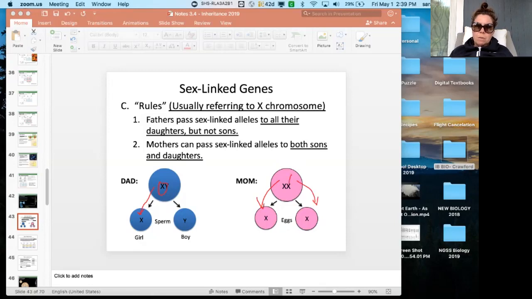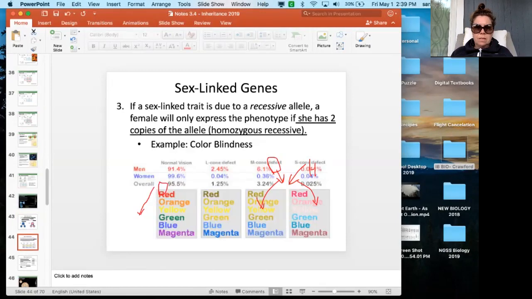But the thing you have to be leery of is if mom's a heterozygote, one of her X's might be healthy, like maybe this is the healthy one, and then the other X actually might have the disease, so it still depends on which X the kid gets. Color blindness is a classic example of a sex-linked disorder.